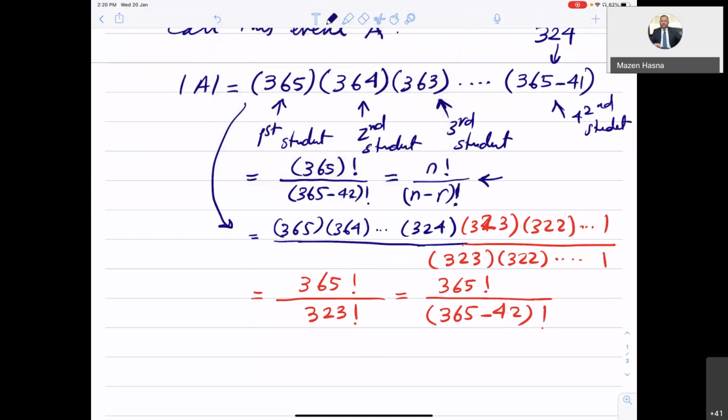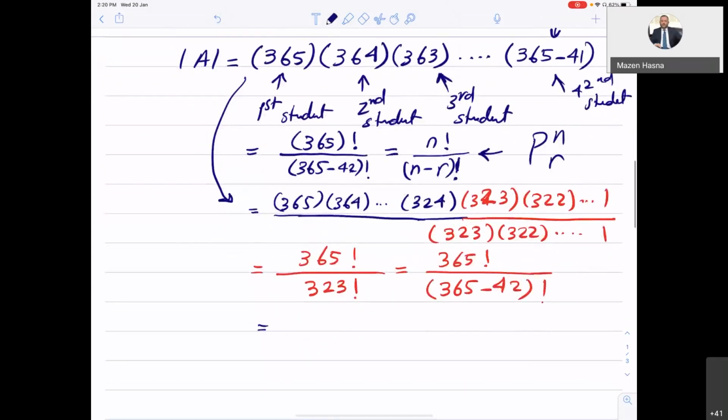And this is what we did last time, which is permutations. You take a subset. You have a set of 365 days of the year, and you take a subset of 42 birth dates and distribute them among the students.